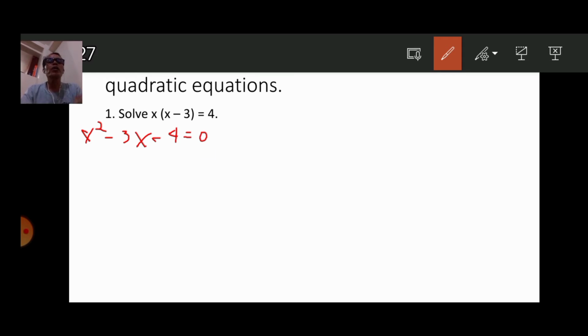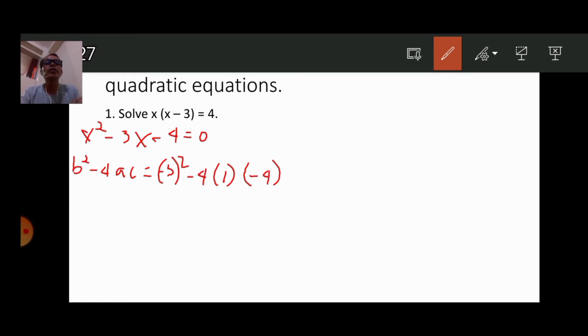Okay, now you can use the discriminant b squared minus 4ac. So b is negative 3 quantity squared minus 4, a is 1, and c is negative 4. The square of negative 3 is positive 9.